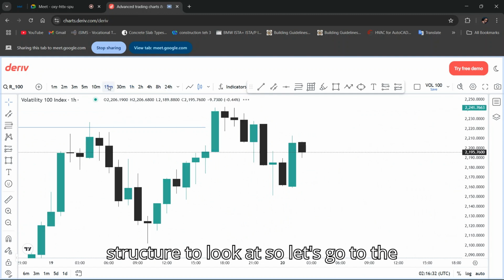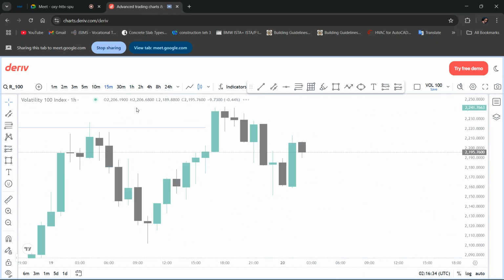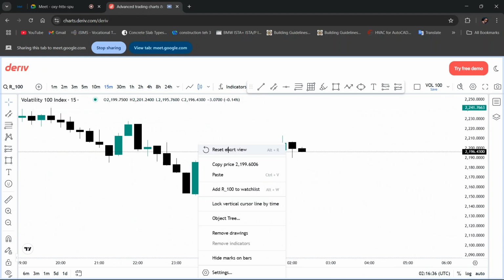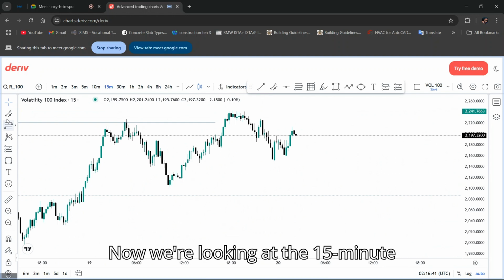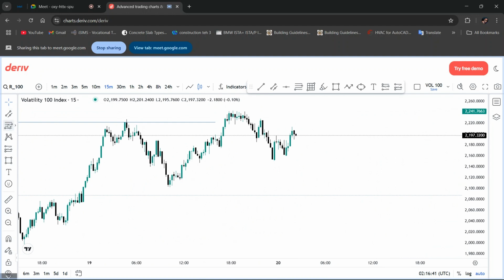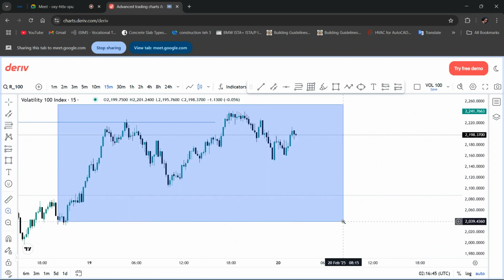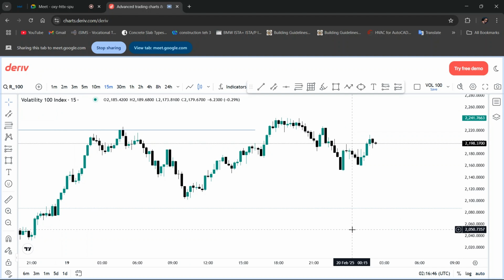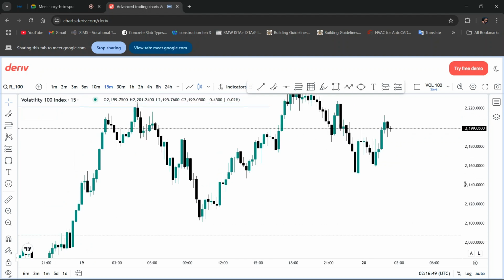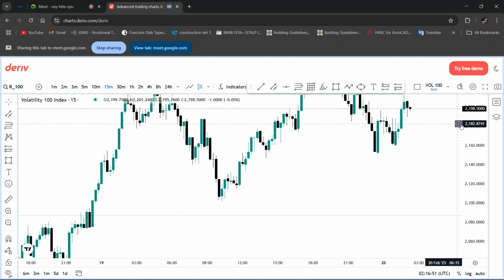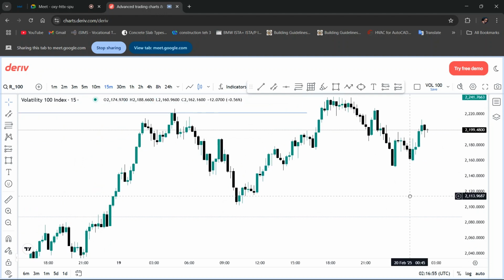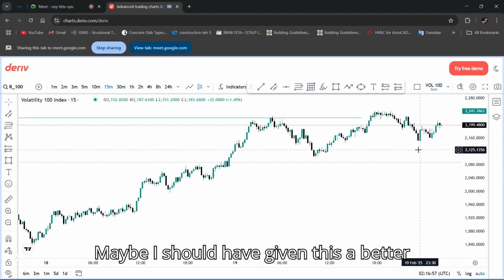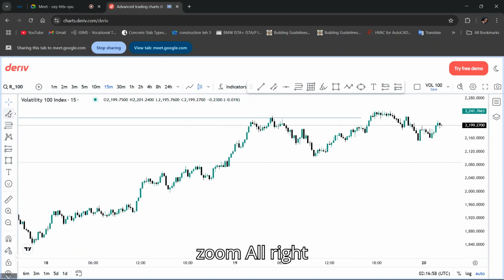So let's go to the 15-minute time frame. Now we're looking at the 15-minute time frame. Maybe I should have given this a better zoom.